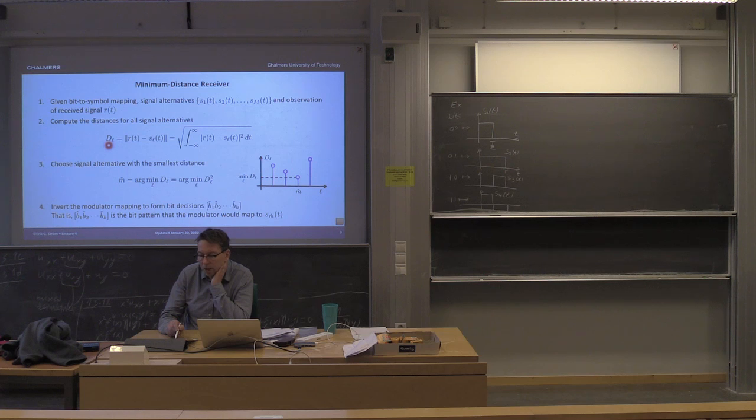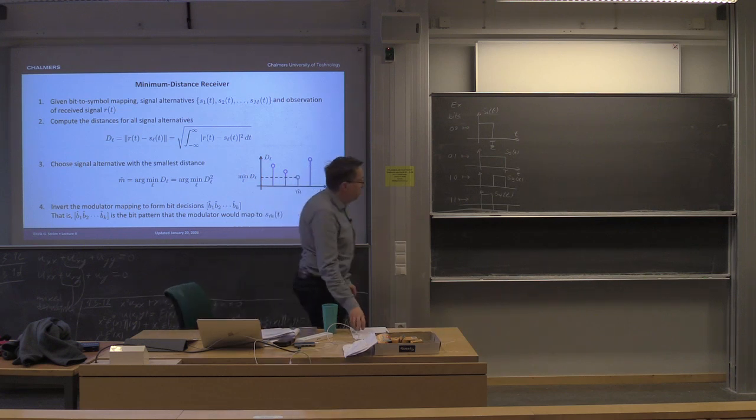We can define distance between two signals, R and SL, by taking the difference between them and then putting these double bars around that, and that is what we call the distance. What these double bars basically mean is the square root of the integral of the absolute value of that function squared dt. Okay. So why is this a reasonable distance?